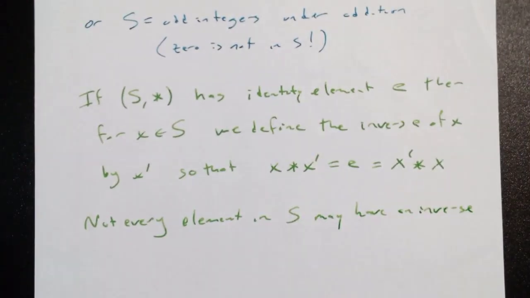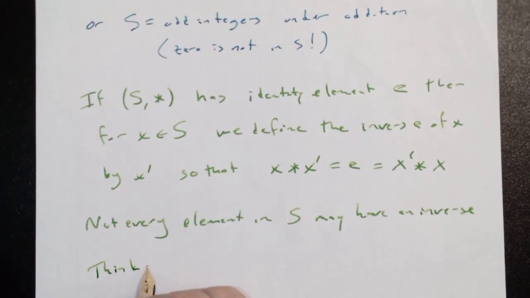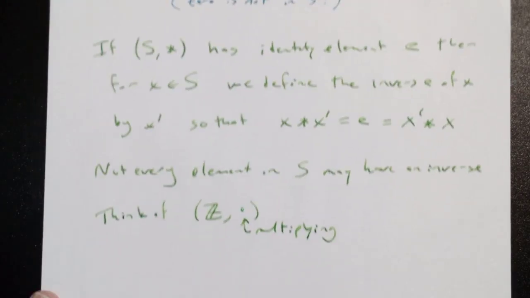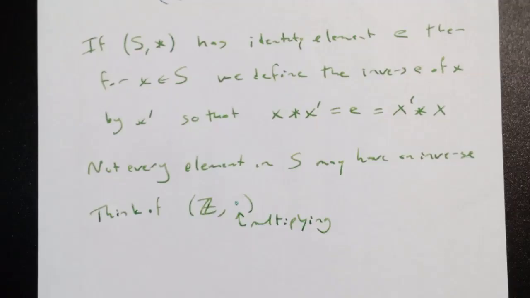Think about multiplying again. What is my identity in multiplying? So what if I told you you're only allowed to multiply integers? Pick a number that's not 1.